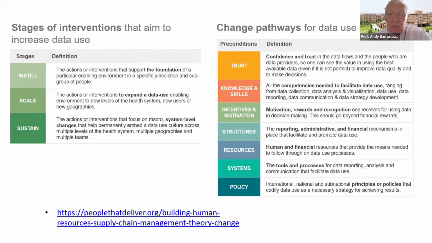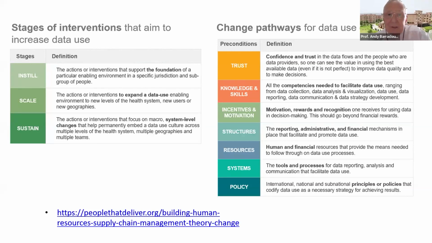So to go through that, we start by instilling actions that support. Start collecting data. Then expand. We can only collect data from 4 or 5 hospitals. Okay, that's all we can do to start. That's the instill. But then we're going to scale up to go to the whole country and get data from the whole country. And then we're going to sustain those actions.